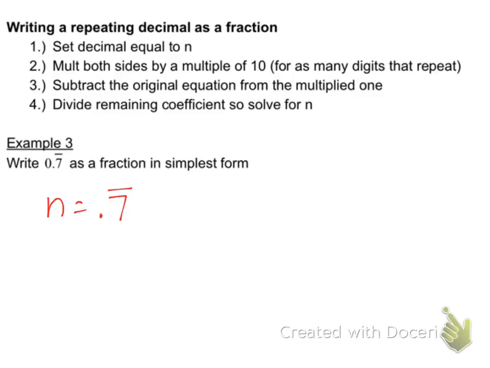That's step number 1. Step number 2 says multiply both sides by what? 10. So let's do that. I'll change colors for us here. I'm going to multiply 10 over here and 10 over here. So I get 10n equals what? What happens when I multiply by 10? I get more than 7.